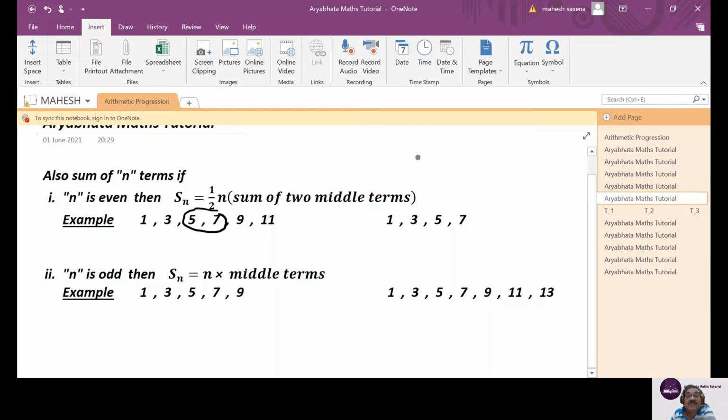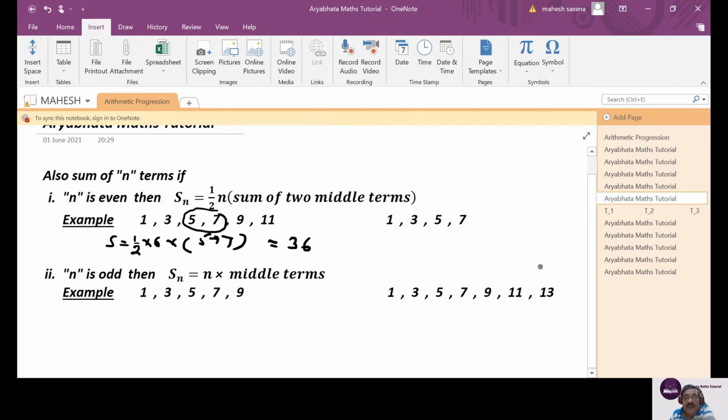Therefore, the sum will be 1 by 2, n is 6, into the sum of the middle terms, 5 plus 7, that is 36. If we add all these 1, 3, 5, 7, 9, 11, then it is coming as 36.